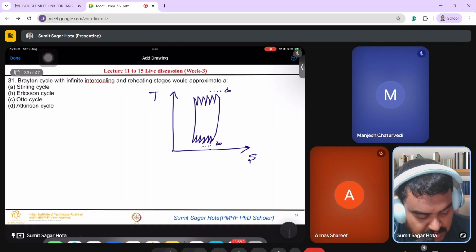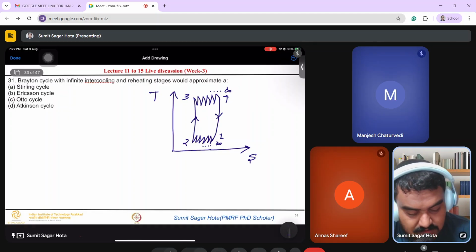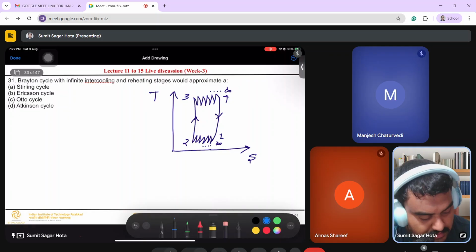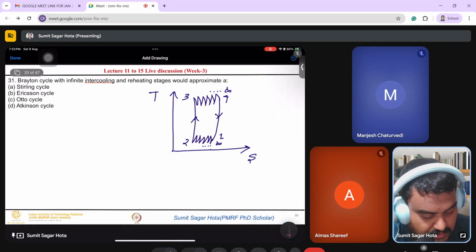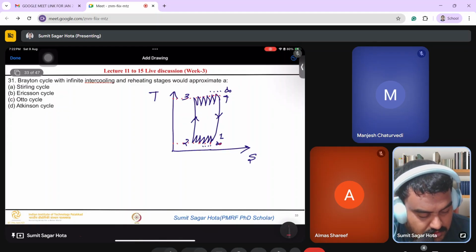Let this be 1, this is 2, this is 3, and this is 4. Both processes are what?